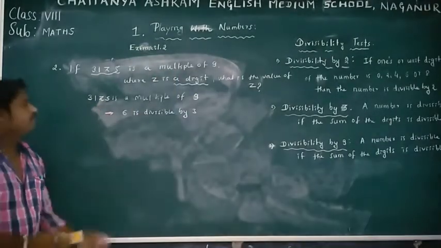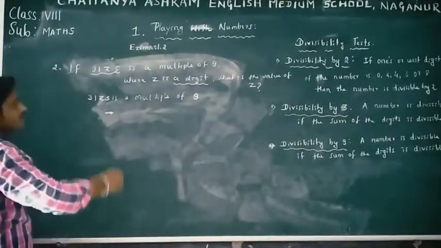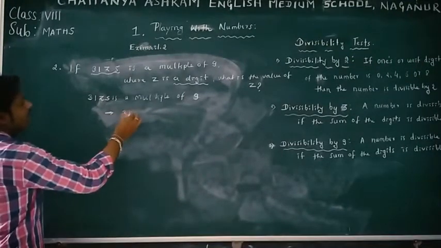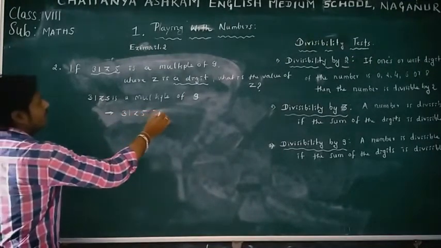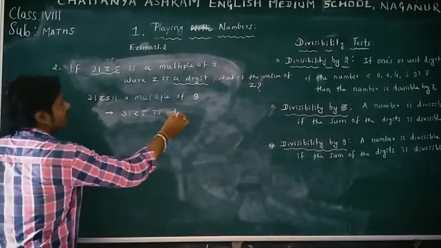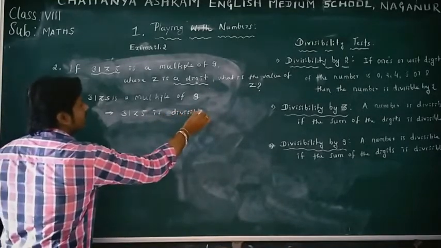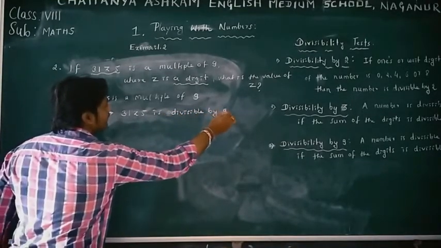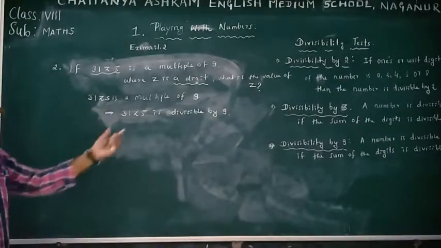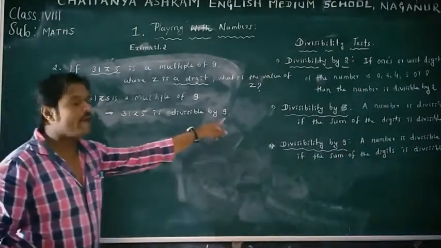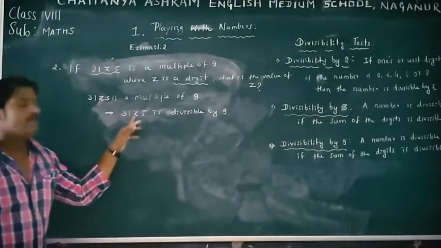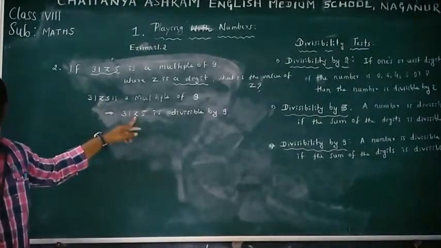What does it mean? It means that 31Z5 is divisible by 9. If this 4-digit number is divisible by 9, then what are the possible values of Z?